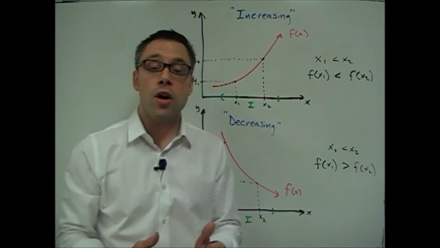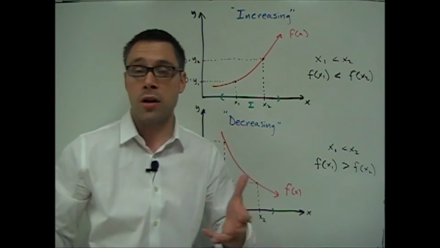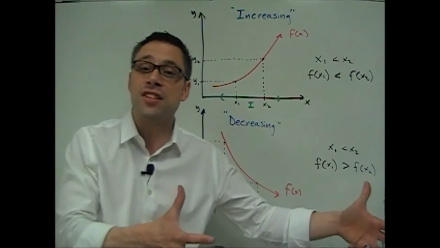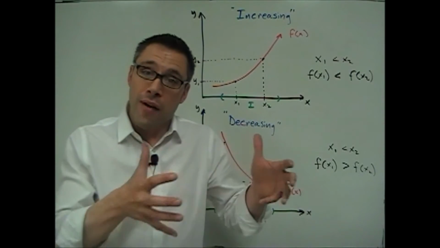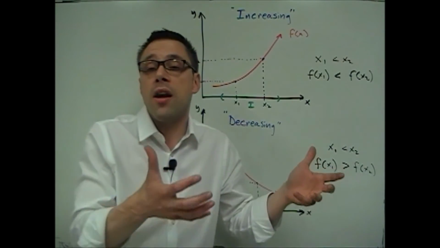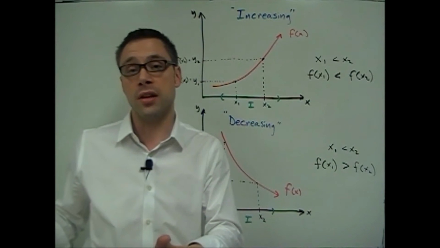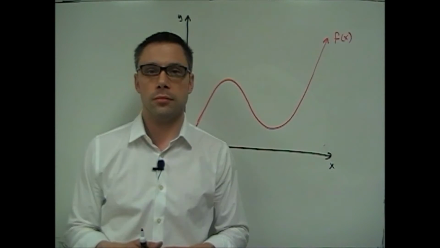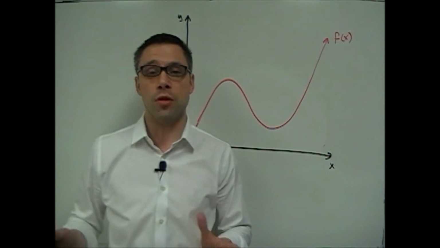In particular, we can think of a function which may increase and decrease along different parts of its domain as partitioned into where it is increasing and where it is decreasing. If you have the collection of all points for which it's increasing, the function is increasing on that interval I, and for the set of all points for which the function is decreasing, we say the function is decreasing on that interval I. A function may increase and decrease over different parts of its domain.